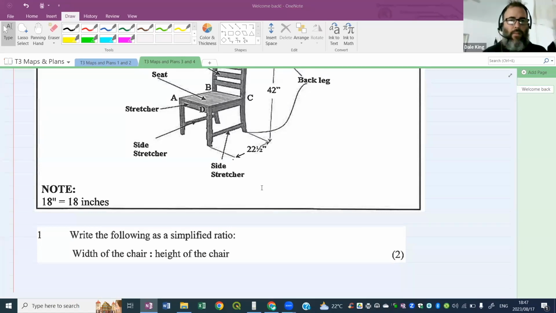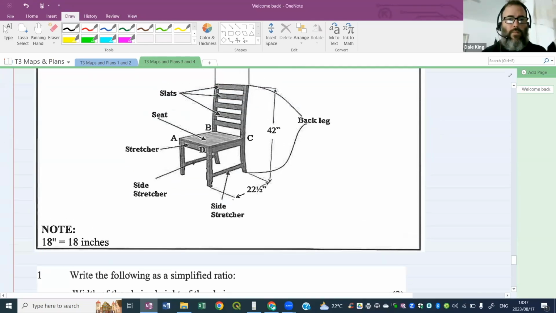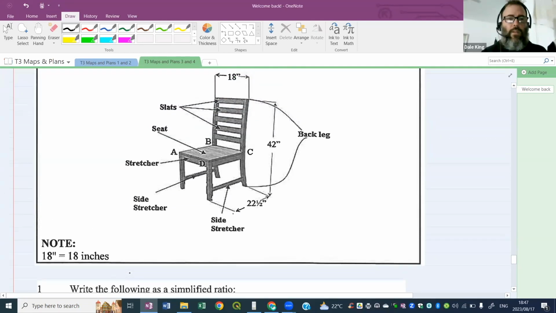The width of the chair is down there where it shows the rear foot of the chair and the front one, which is 22.5. The height is from the foot of the chair to the tip of the back stand, which is 42 inches.